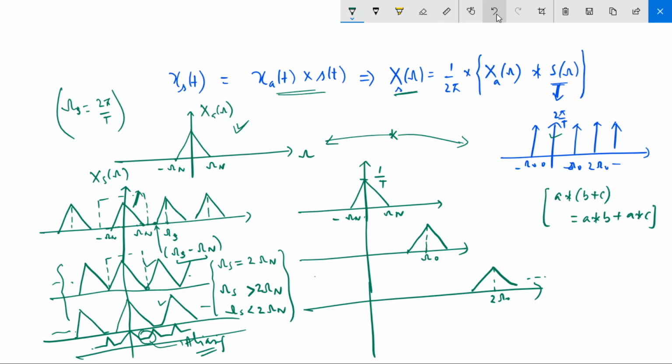And how do you recover that? Let's see in time. We started from a continuous time signal x(t). I multiplied this signal with the impulse train s(t) and got a sampled signal.